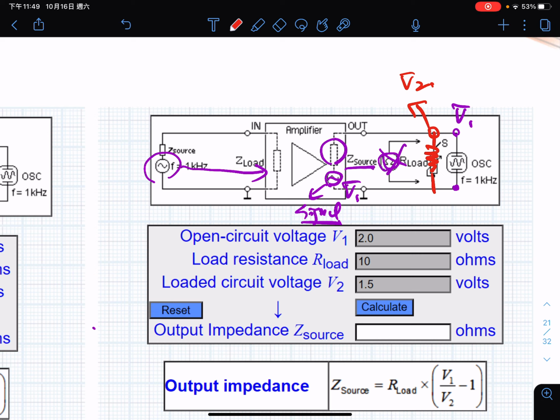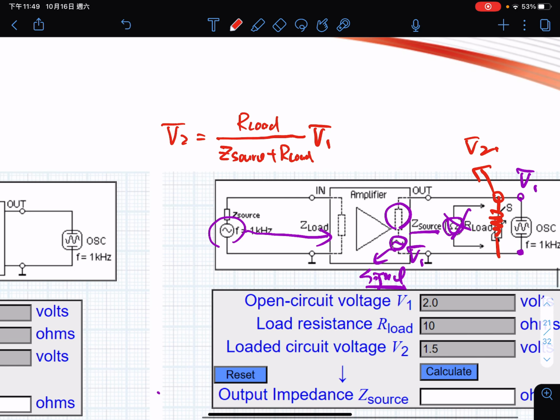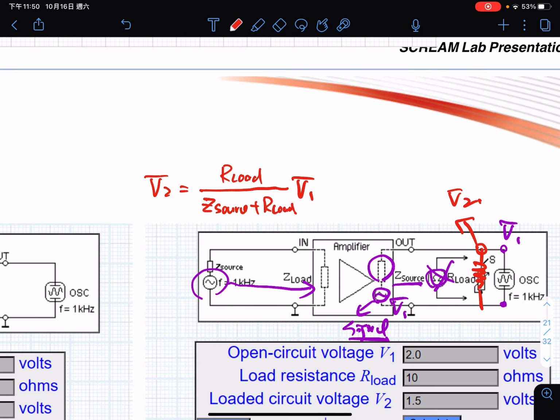So V2 will be equal to V1, but voltage divided, where this is our R load and here will be the Z source plus R load. Okay, this is quite opposite to the input case, a little bit different. So we can calculate this one.